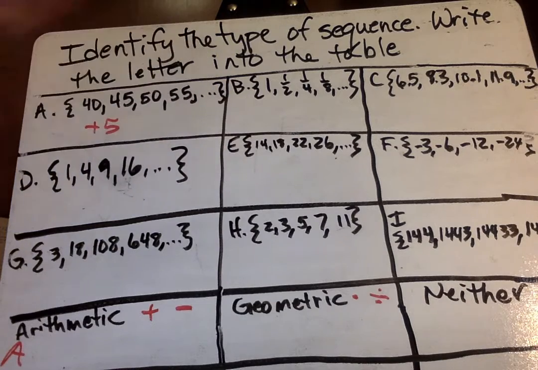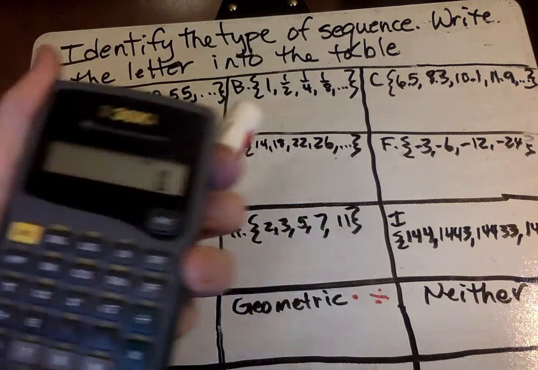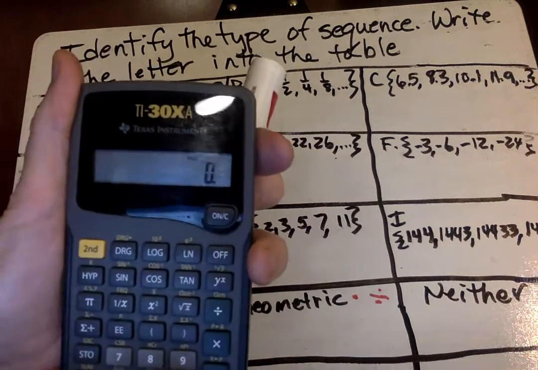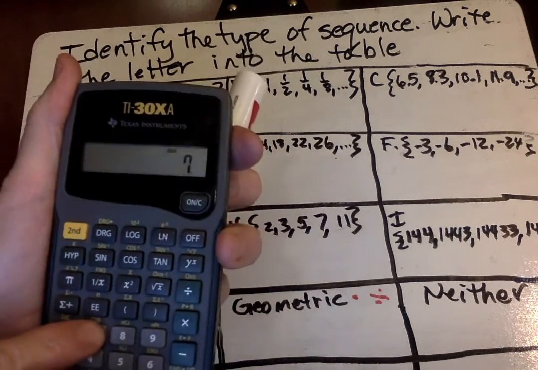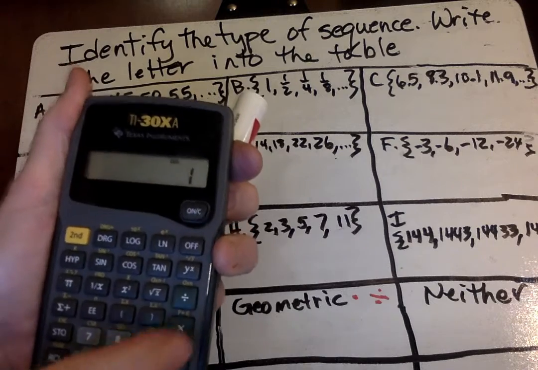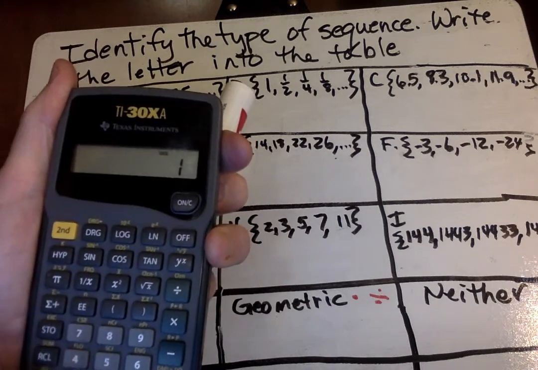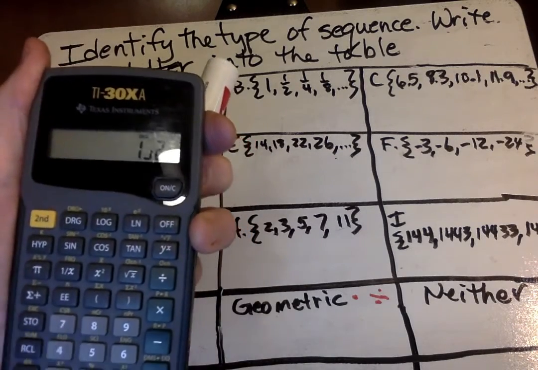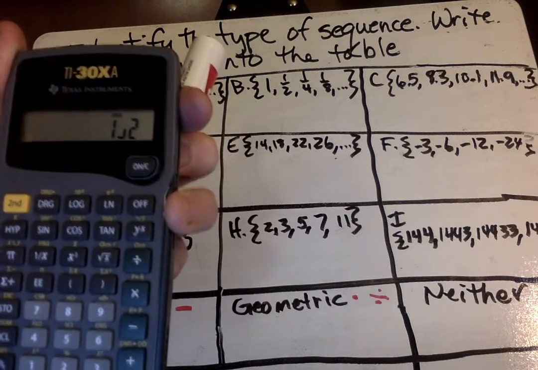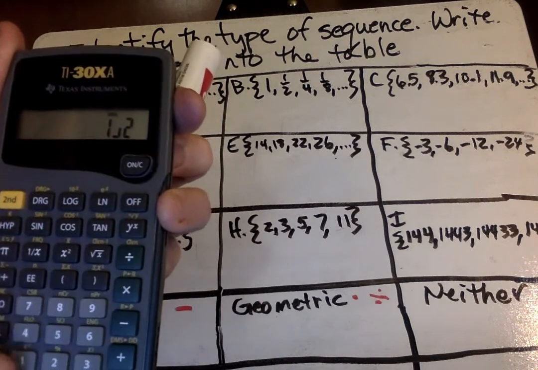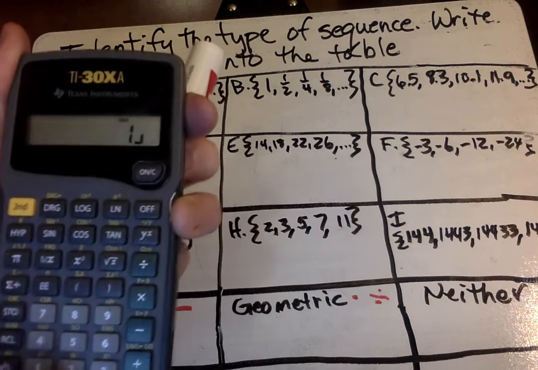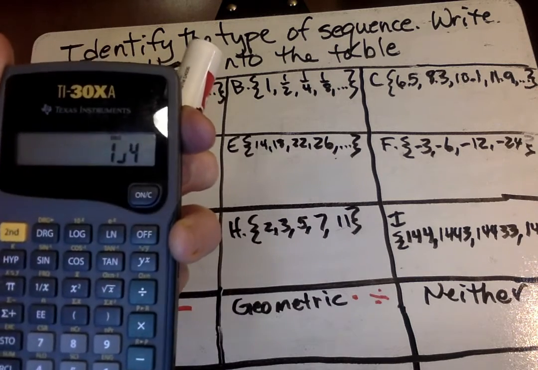Going back up here, if I go 1 times, what would I multiply 1 by to get 1/2? Okay, so here's your handy dandy calculator. So I go 1 times a half, which gives you a half. Then I'm going to times it by a half again, and I get 1/4.